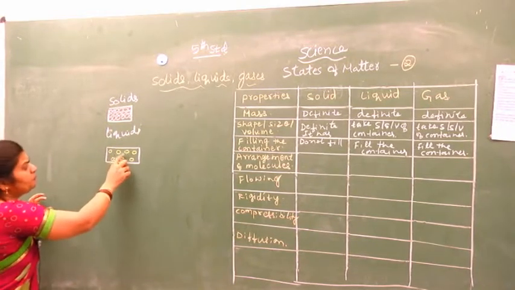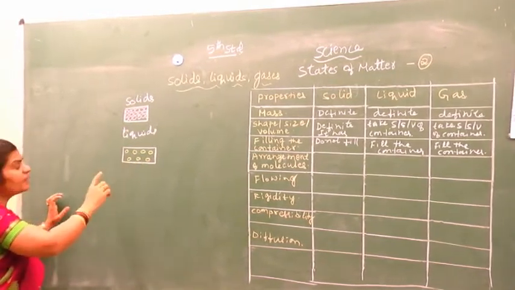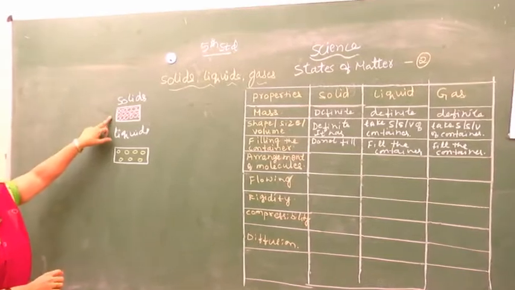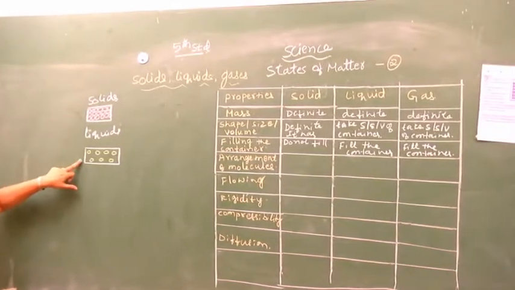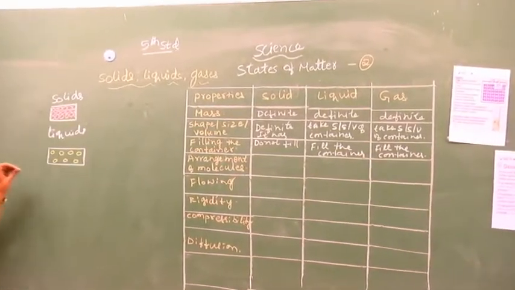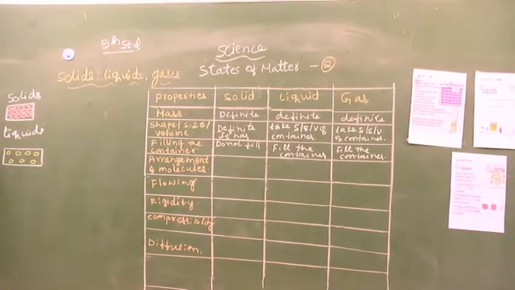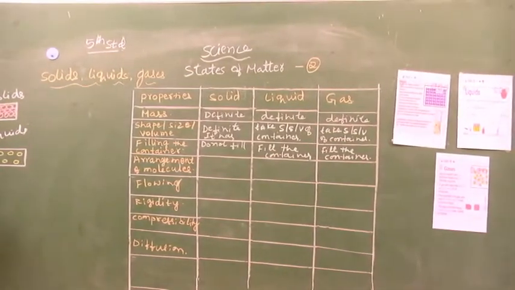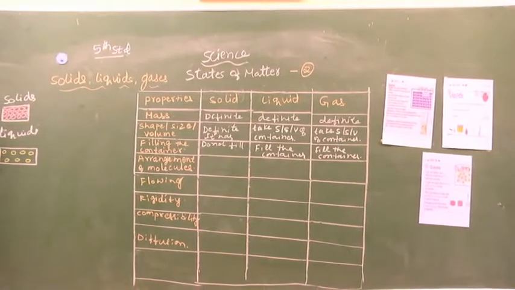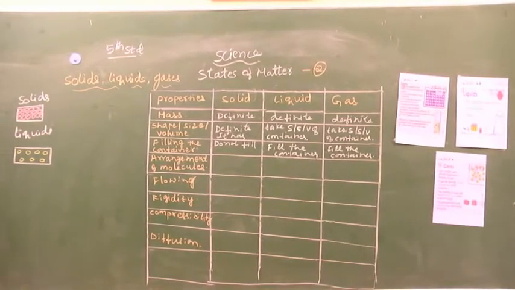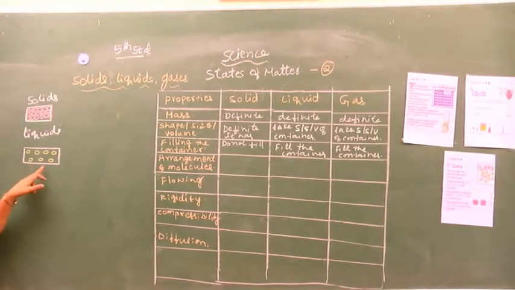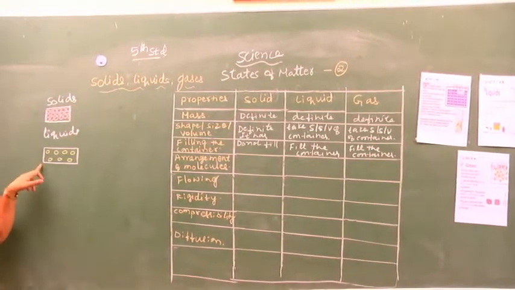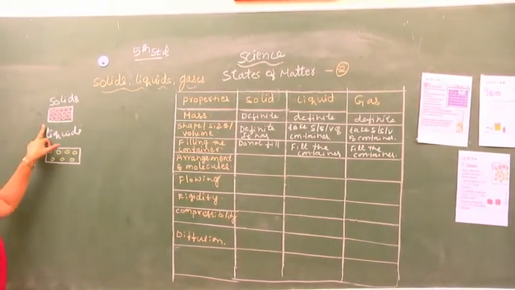Here there is place between the particles, and the number of particles is less. So the distance between the particles is more compared to solids, and because of that the force of attraction between the particles is less when compared with solids.